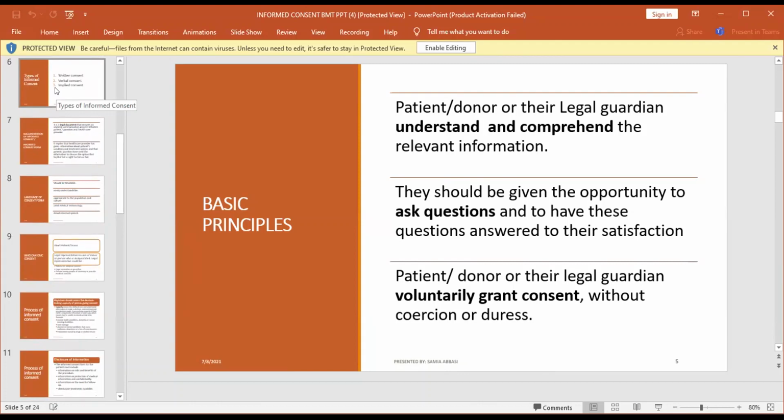The fourth principle of informed consent is that they should be given the opportunity to ask questions and to have these questions answered to their satisfaction. Number five, it's very important that the patient and donor or their legal guardian voluntarily grant consent without any coercion or duress.